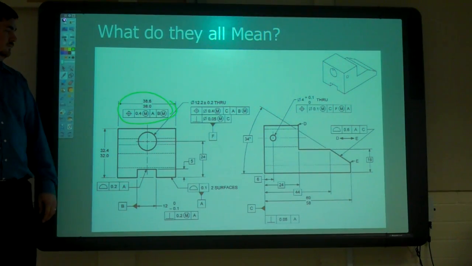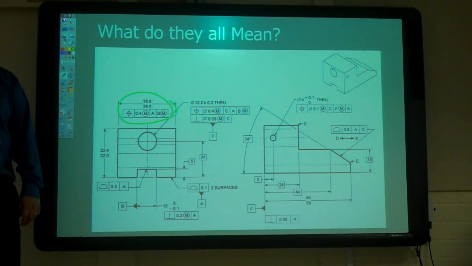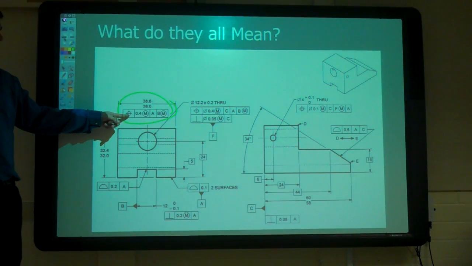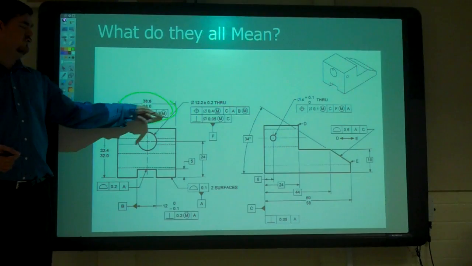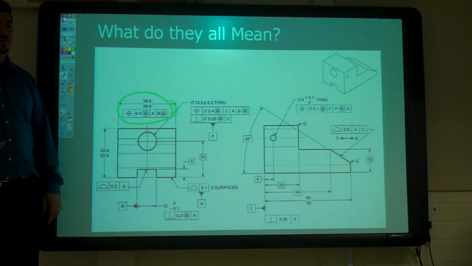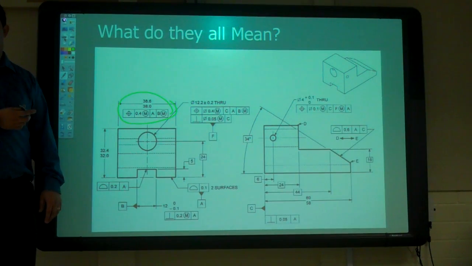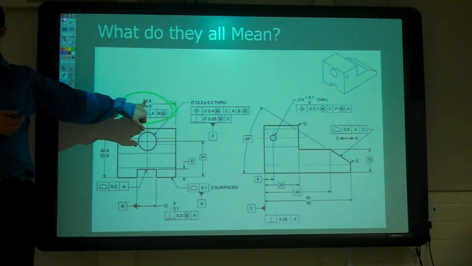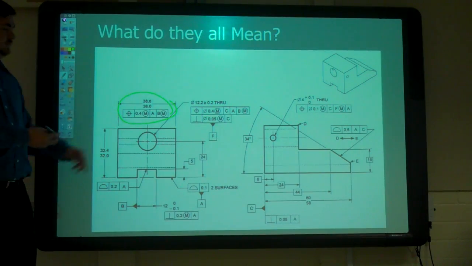That whole, that back part. This is the position of what? Surface? What surface? It's no surface mark. What is this feature control frame referring to? Center point. The center plane of what? Of this dimension, right? It's with the dimension, so it's talking about the center plane.